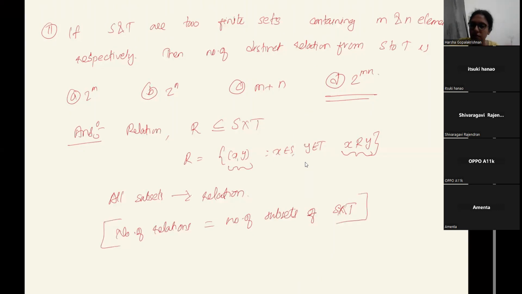Yes. Okay. So what is the number of subsets of S cross T? 2 power cardinality of S cross T. Correct? We already proved that if A is a set, the number of subsets of A is 2 power cardinality of A. Now, what is the number of elements in S cross T?